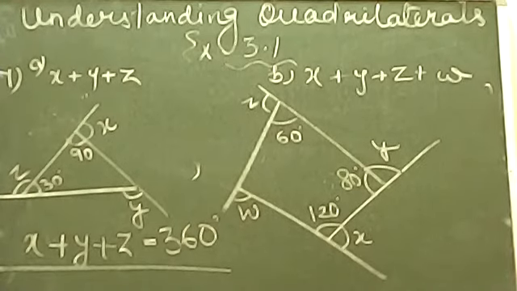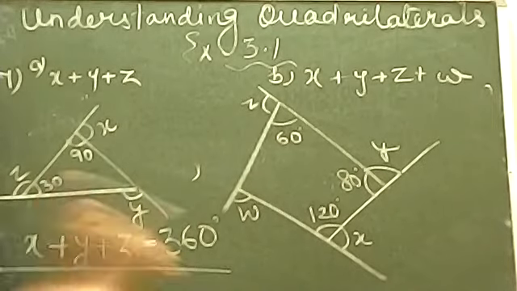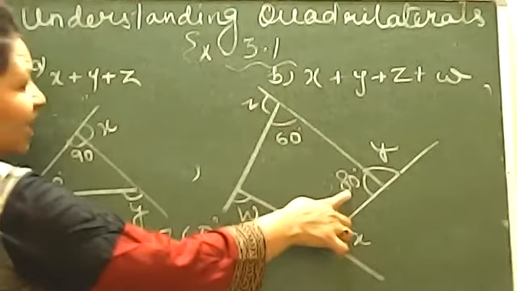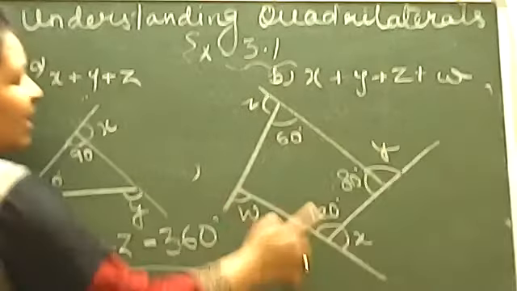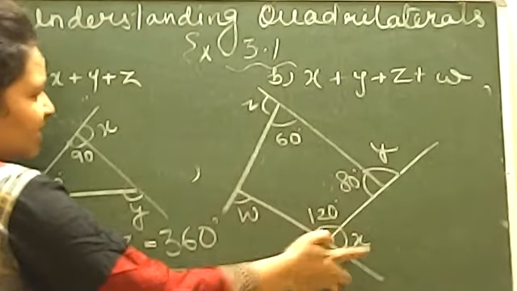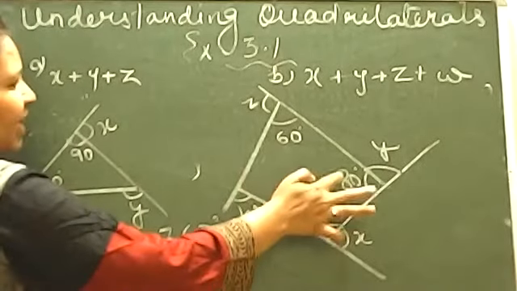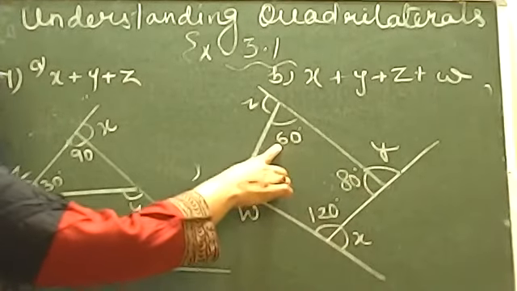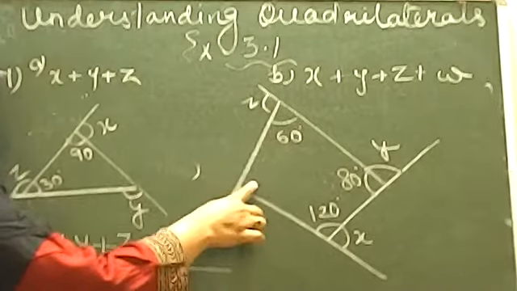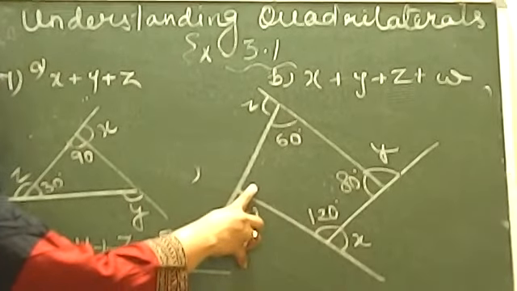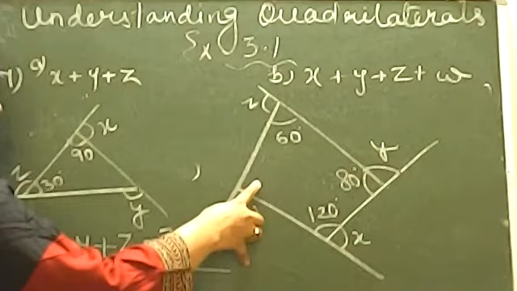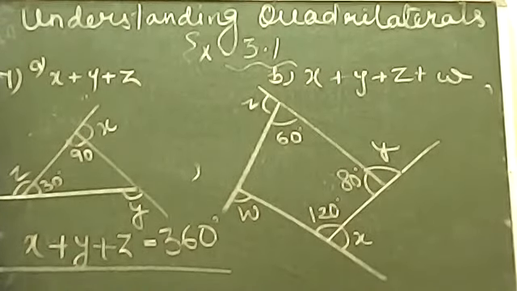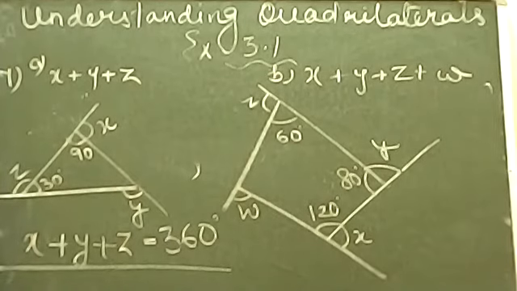और अगर आपको इस क्वेश्चन को सॉल्यूशन बेस्ड पे करना है, then you are knowing ये वाला 60 है बेटा, तो ये हो जाएगा 120, ये 80 है तो ये बन जाएगा 100, ये 120 है तो ये बन जाएगा 60. 120 और 80 मिलाकर 200, 60 मिलाकर 260. इसका मतलब ये हुआ कि ये वाला मिसिंग एंगल हो गया 100, और ये 100 हुआ तो ये बन जाएगा 80. तो जब आप चारों को सम करोगे तो तब भी आपको 360 ही मिलेगा.